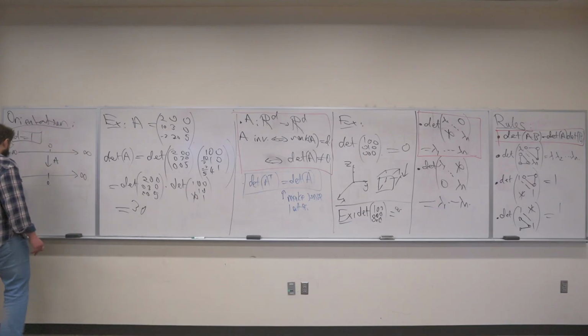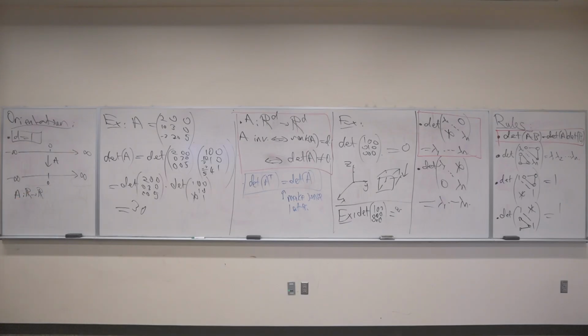So A is a linear transformation from R to R. So it's a 1-by-1 matrix. Of course, it is nothing but multiplying by some number. That is invertible if and only if that number is non-zero. And if I'm looking at non-zero numbers, well, that is either plus or minus.